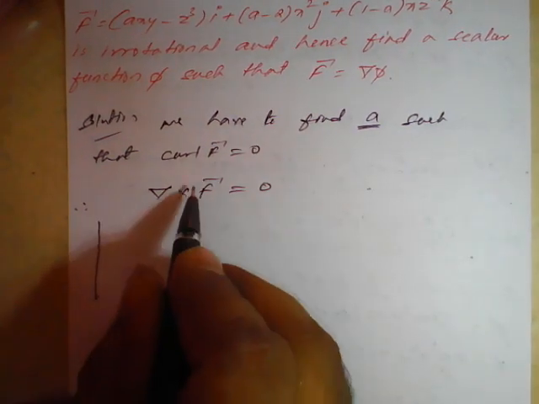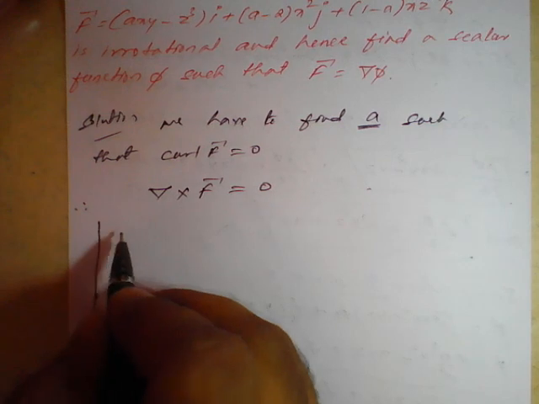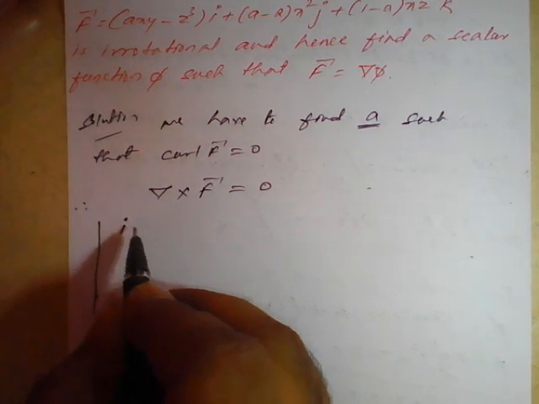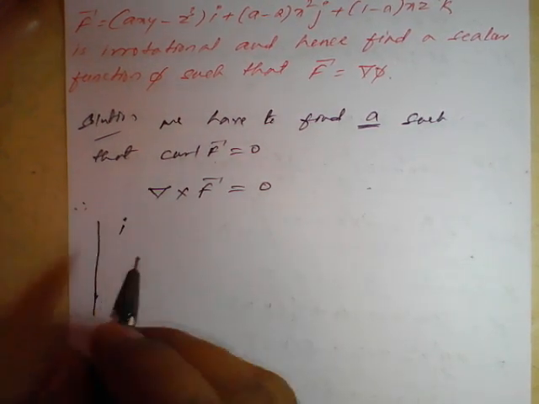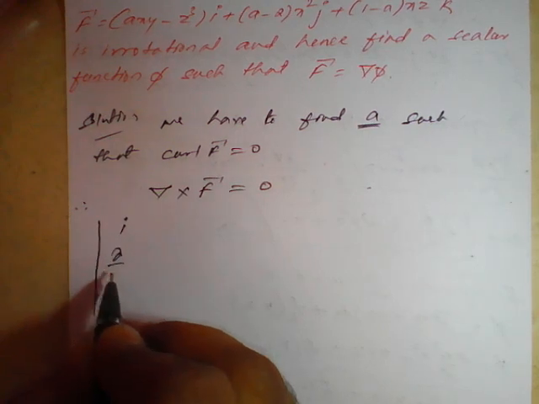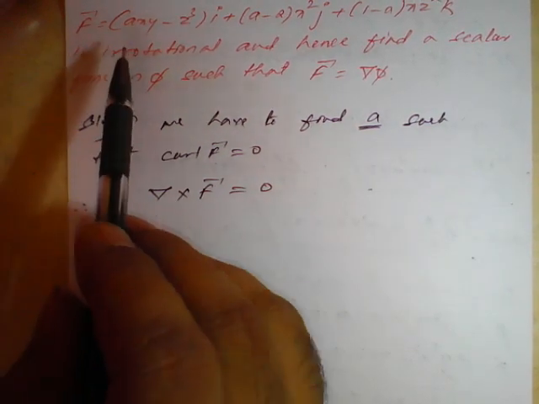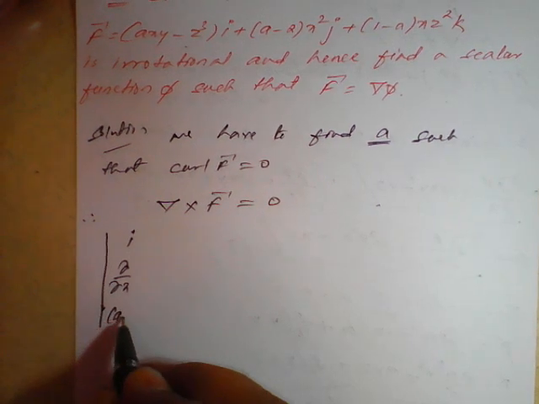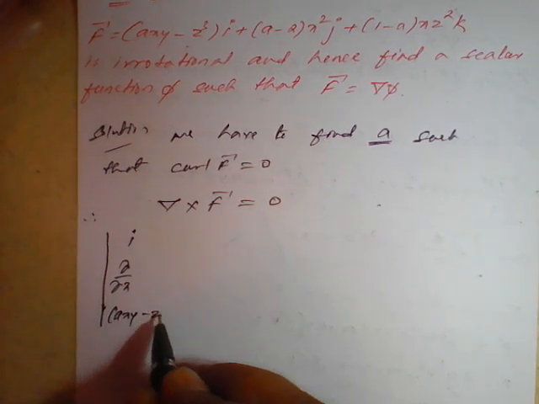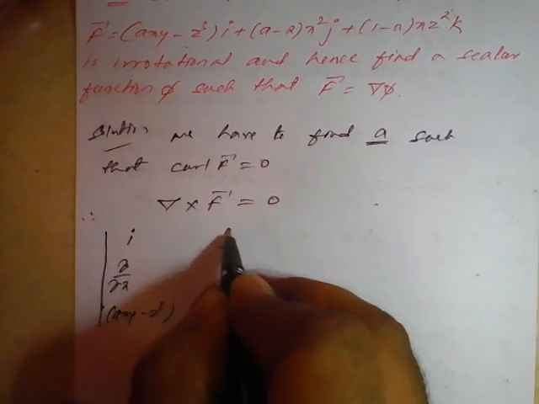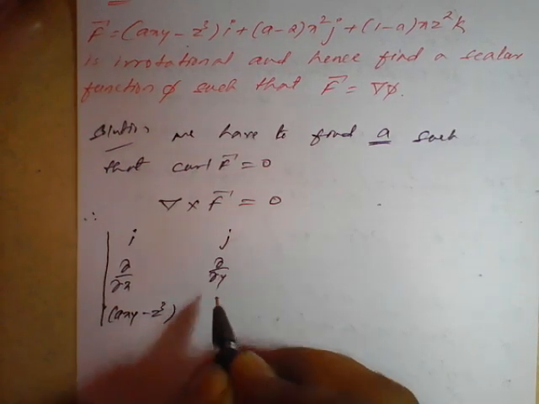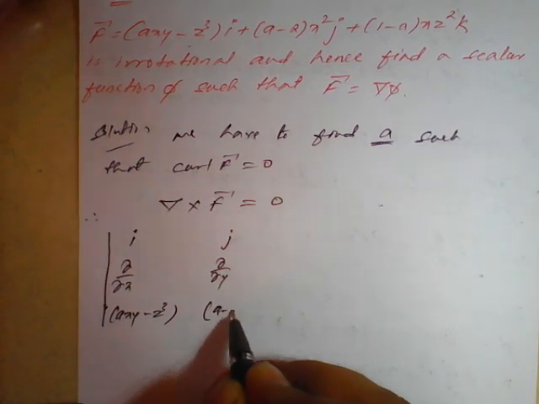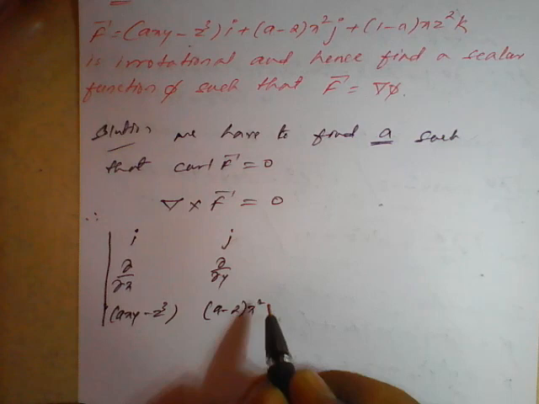So this is the left hand side determinant. First row: I, j, k. Column-wise, I write I, dou by dou x, and the coefficient of I from vector F, that is AXY minus Z cube. Then J, dou by dou y, A minus 2 of x square.